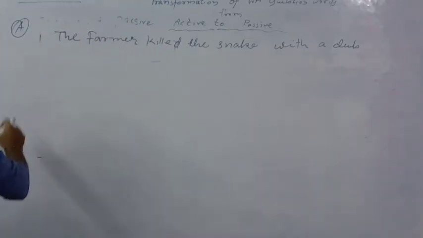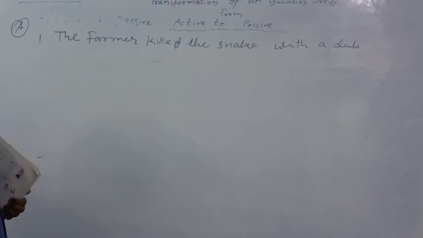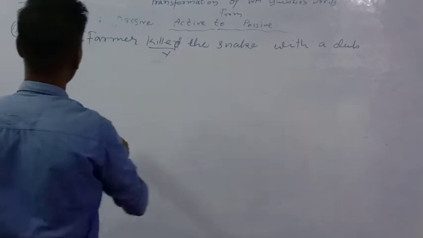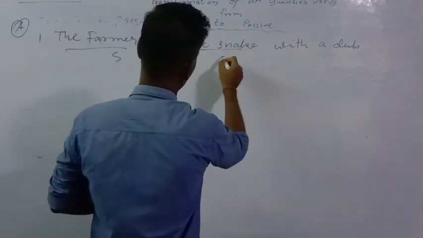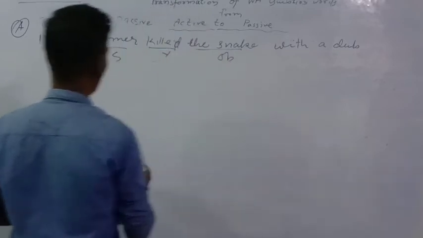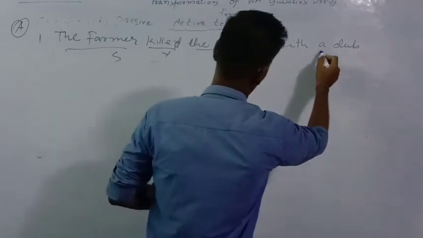Okay, now see, the farmer killed the snake with a club. So killed is the verb, the farmer is the subject, the snake is the object. And with a club, this is also an object.